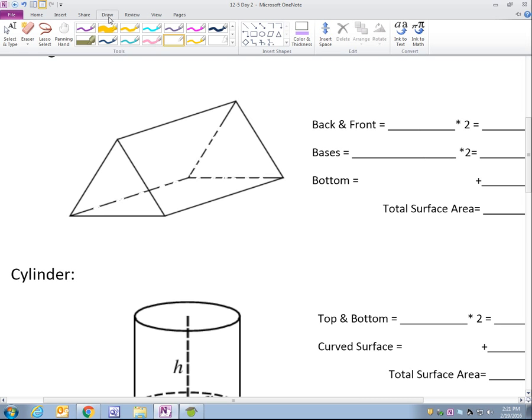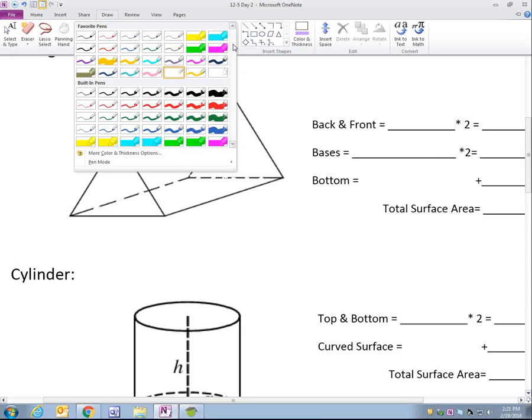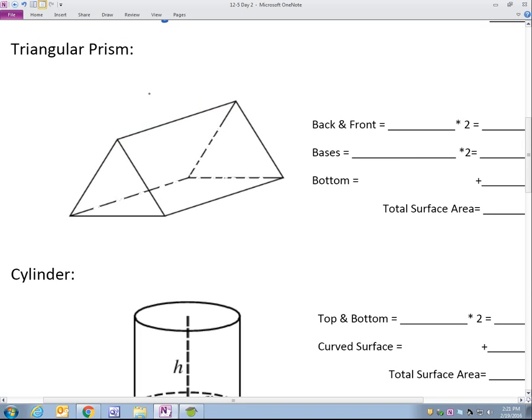And here's what I did with my other classes. So I'm going to go ahead and demonstrate what the front of this is again. So there's a guy that's riding a bike this way.